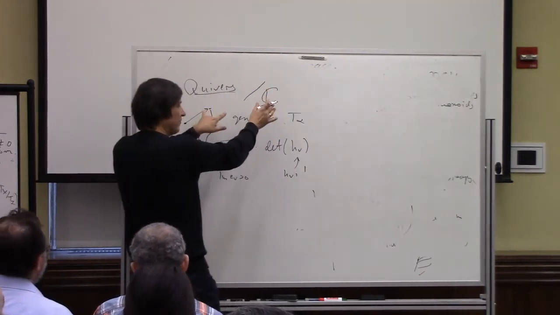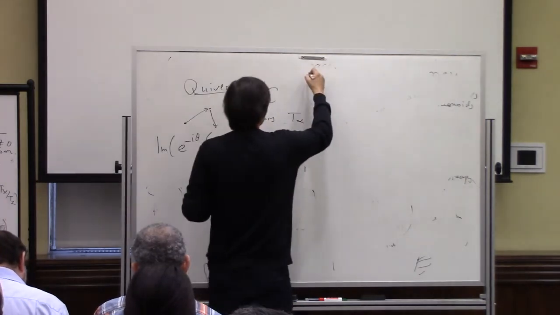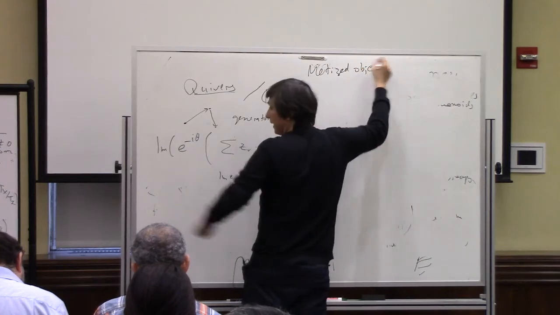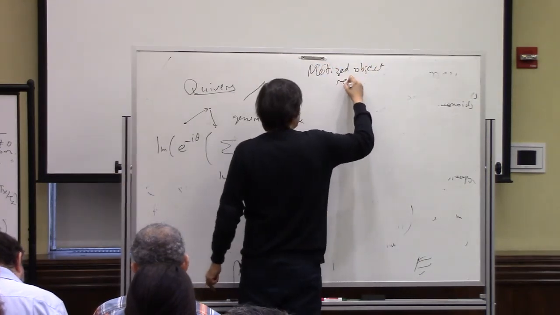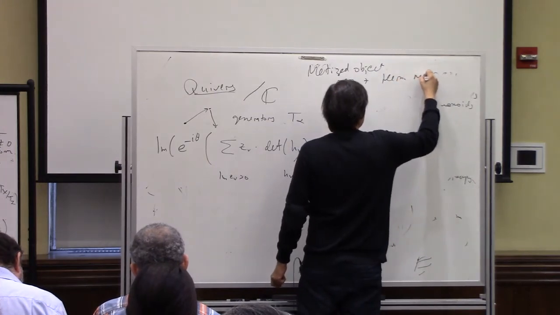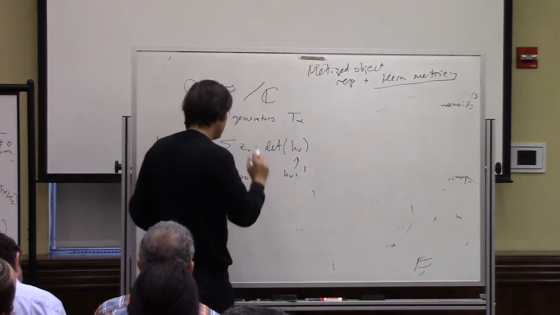You consider a representation with, let's say, a Hermitian norm at each vertex. It will be the analog of this Lagrangian manifold: representations plus Hermitian metrics. I consider only this structure so that we can generalize the complex story.